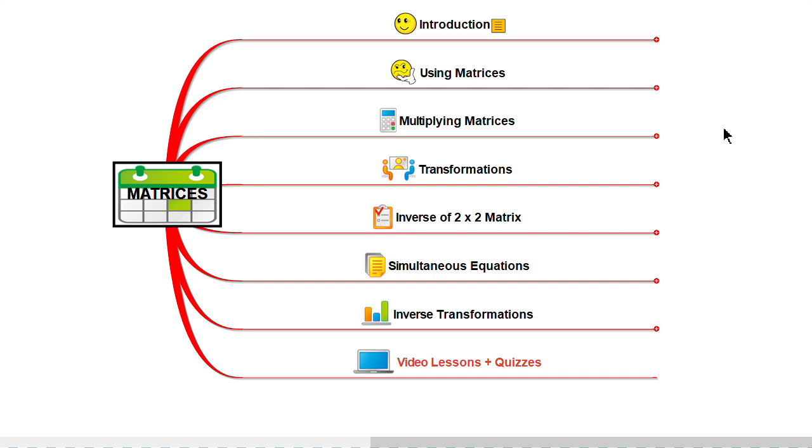In other words, by creating and using a mind map, you're developing your ability to think visually.